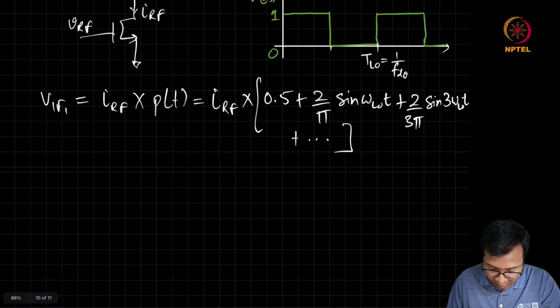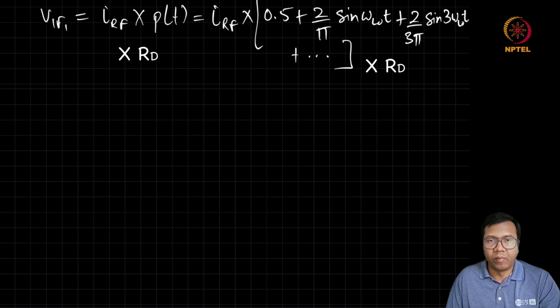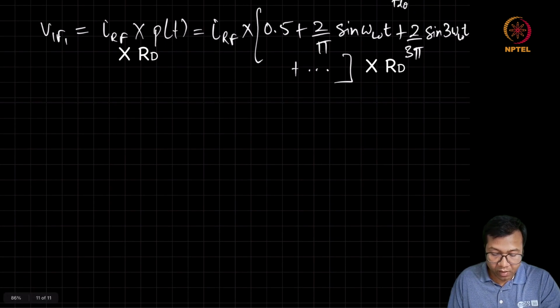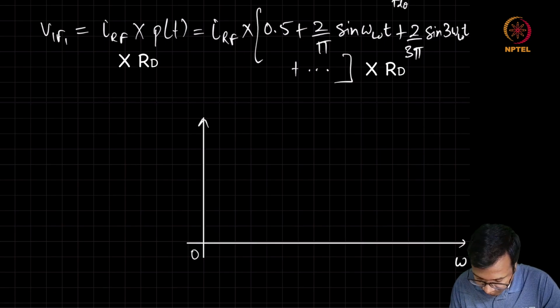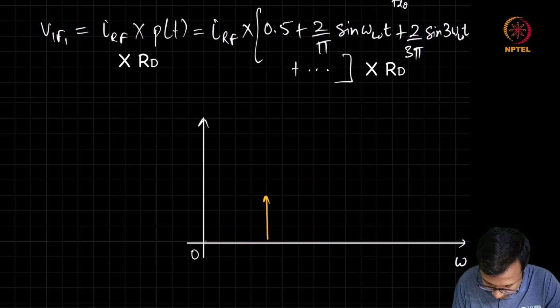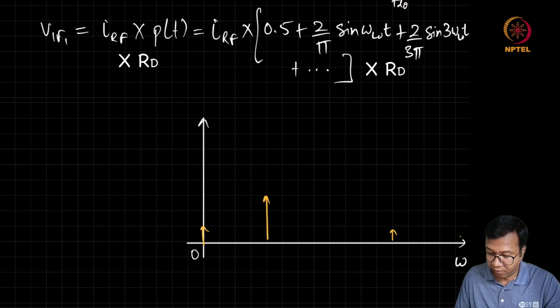Okay, let us look at the frequency spectrum to understand which frequency components are going to appear at the desired IF frequency. So if I have to draw the spectrum for this P of t, it is going to have its DC, its fundamental, then it has a third harmonic, and then fifth harmonic, and so on.